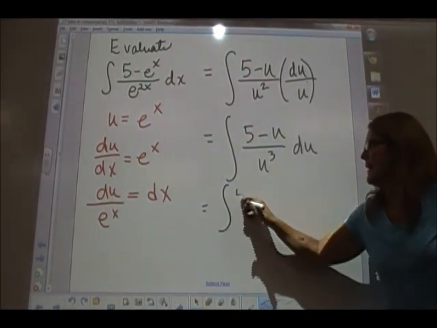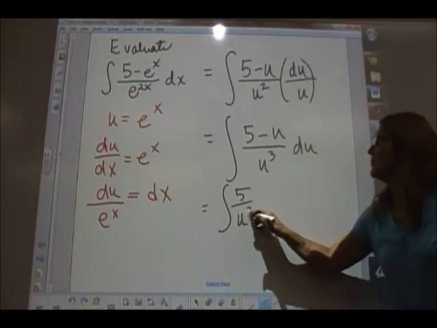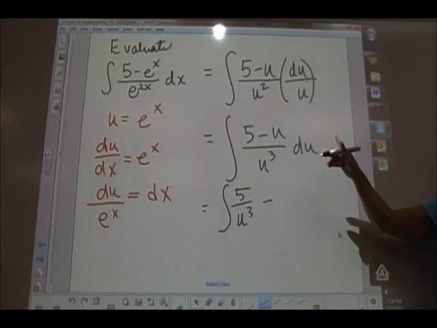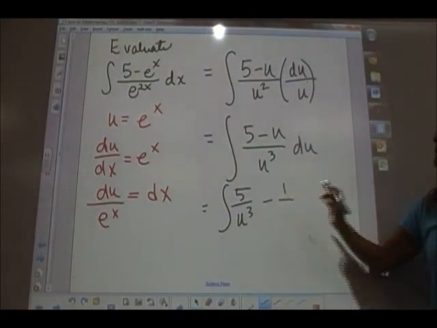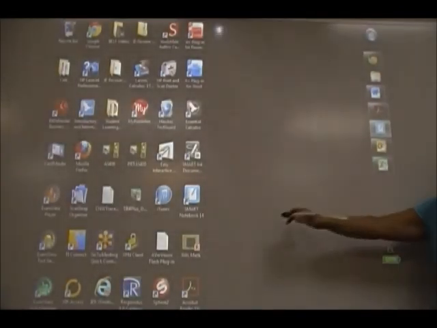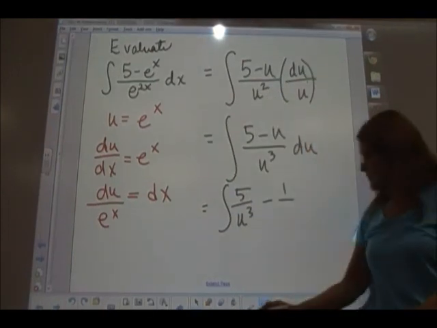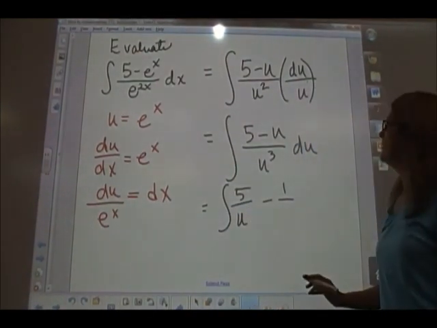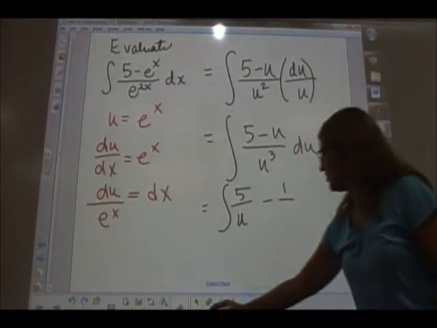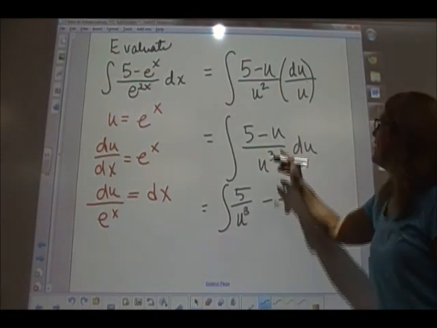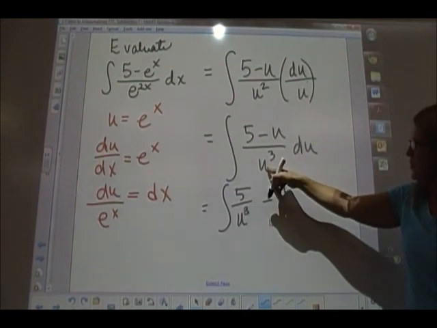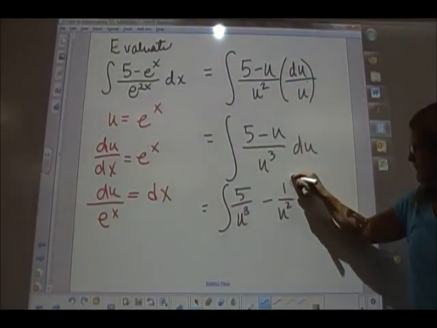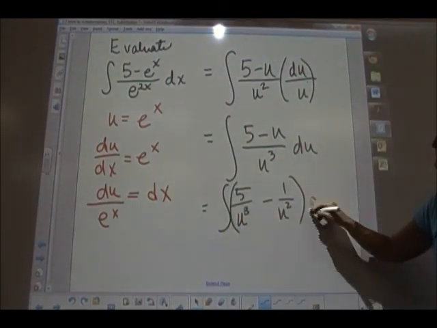This is equal to 5 over u cubed minus, can I call it 1 over u squared? No, that's interesting. We've got squared and cubed up there. Oh, I'm sorry, it is cubed. And then u over u cubed is 1 over u squared. Yep. Okay, squared, got it.